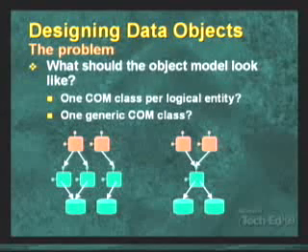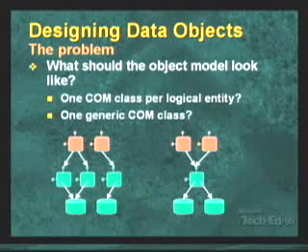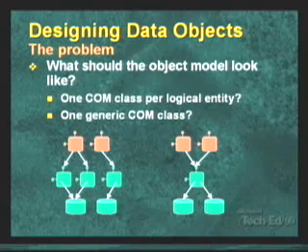I want to spend quite a bit of time talking about data and how you would design data objects and the movement of data around your application, primarily because I get a lot of questions about it. And the first question that I always get is, should I have one data object or many data objects?